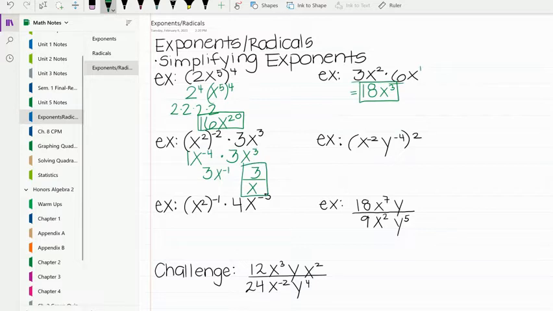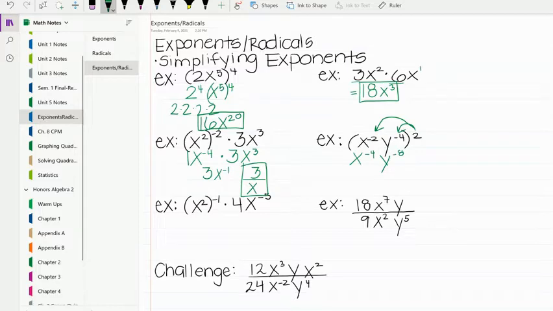Okay. This next one, we have parentheses, so I'm going to take this exponent of 2 and distribute it to both parts. So we would have x to the negative 2 times 2, which is negative 4, and y to the negative 4 times 2, which is negative 8. Then our next step, we can't have those negative exponents, right?